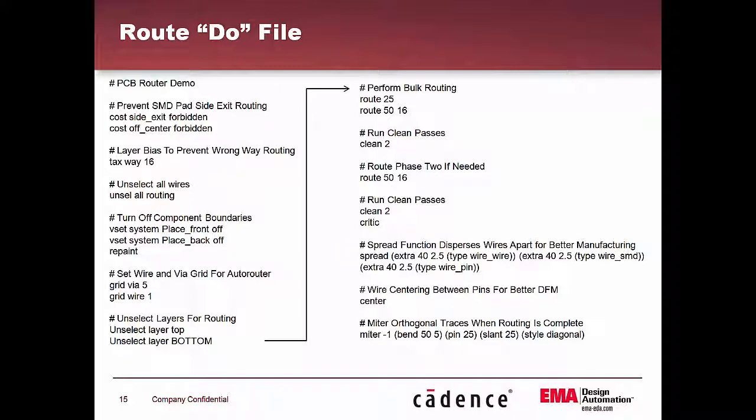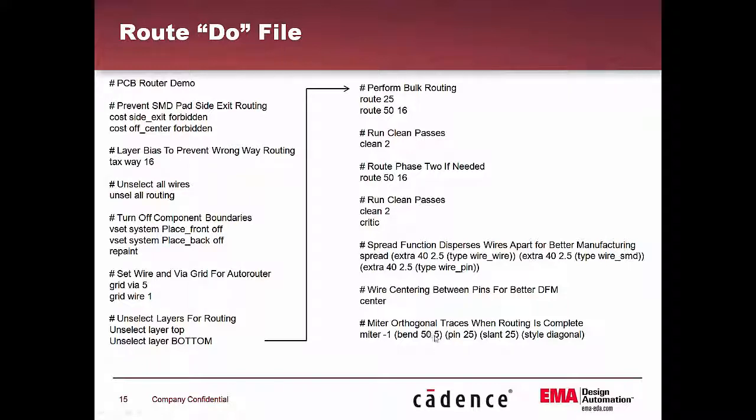So it'll have a 90-degree turn in all of the routing that you see initially. And then at the very end, we do this miter function, and it miters all of the traces to a 45-degree in this case. And I have some bend options in here, so I'm telling it I want it to make a 50 mil bend starting at 5 mils coming out of the pin.